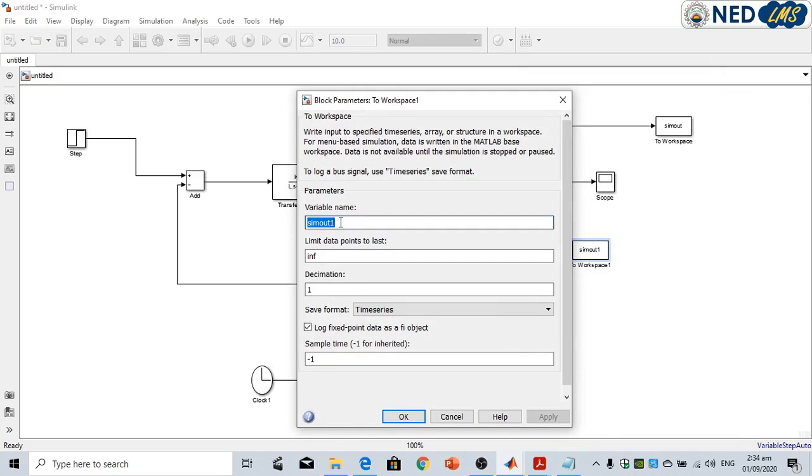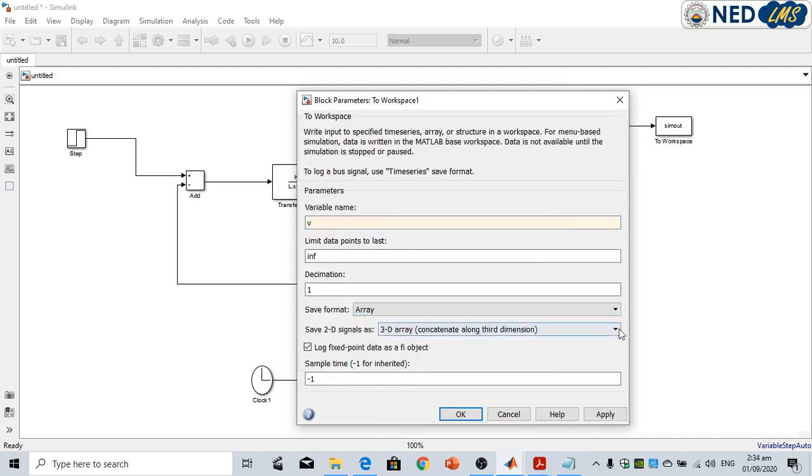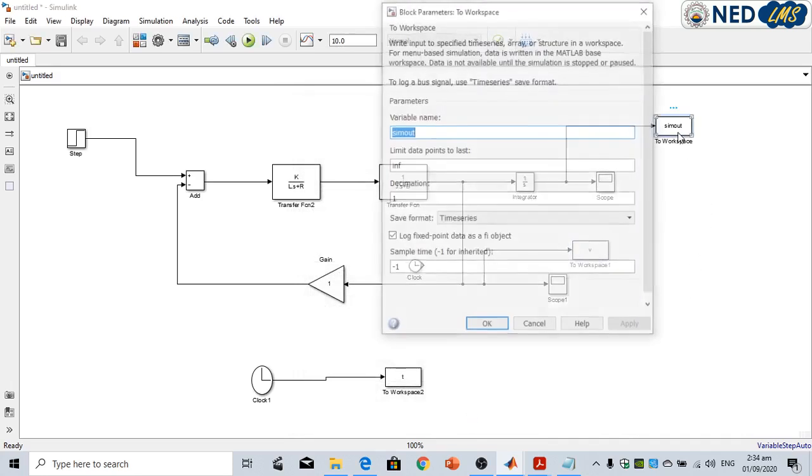You may write here velocity. This block is used to store an array for velocity, suppose v, and once again the format for output is array and inherit from input. Okay, now apply and OK. Same with the case here.